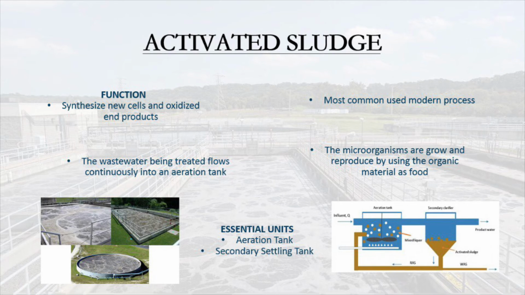Activated sludge has two essential units in the process. First, an aeration tank, where wastewater is pumped into a tank that promotes microbial growth. Second is a secondary settling tank that functions to produce a clear effluent.